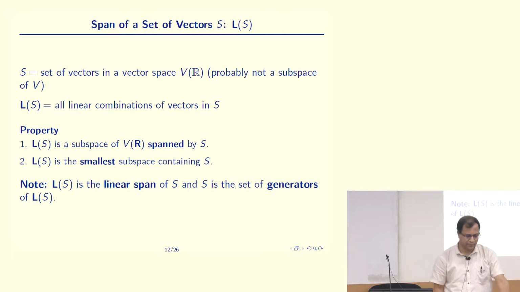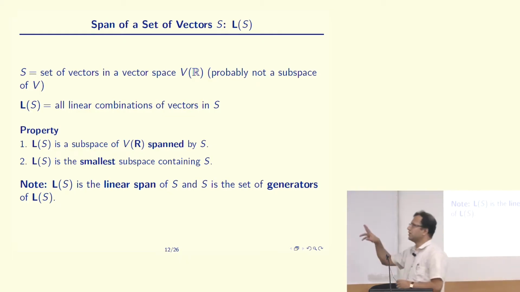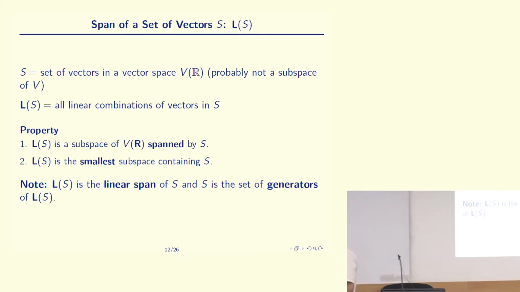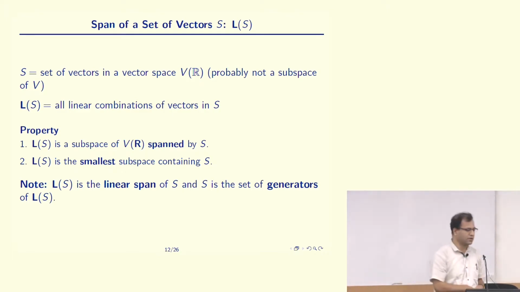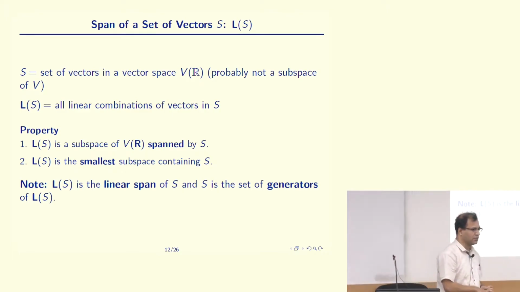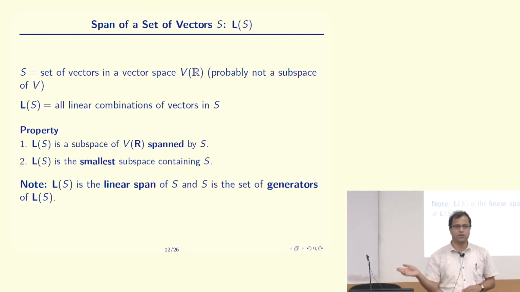So let S be a set of vectors. Okay. Then the linear span we will denote by L of S, which is all linear combinations of the vectors in S. Okay.